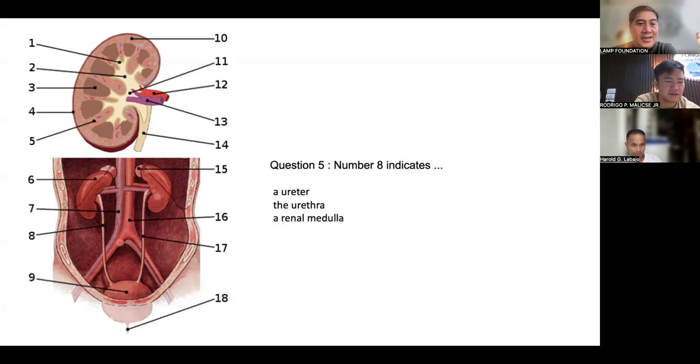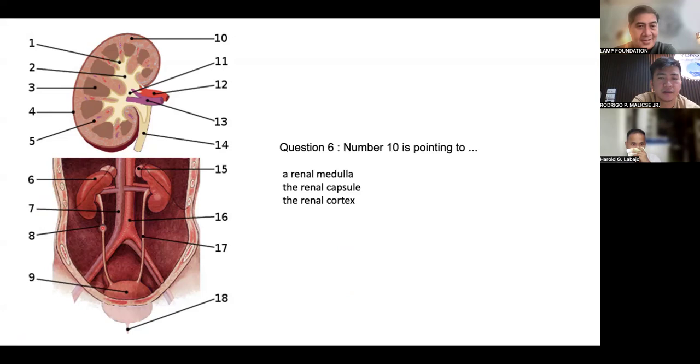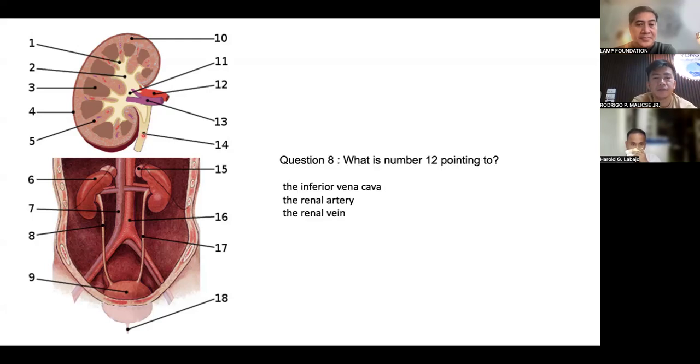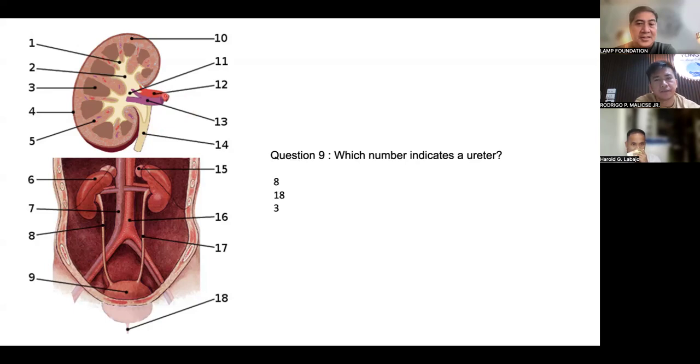Number 8. What about number 10? Number 10 is the renal cortex. Number 14 indicates the urethra. What about number 12? The renal artery.